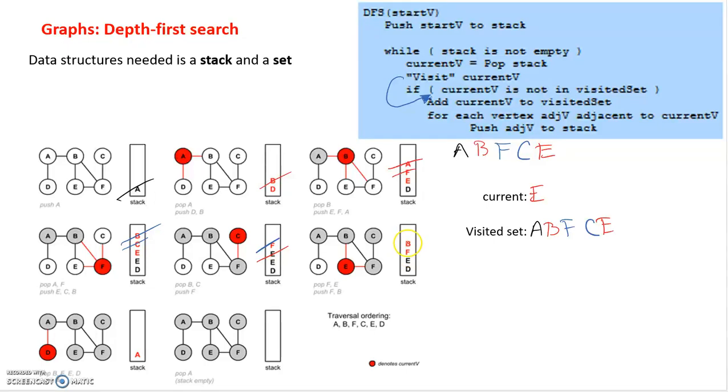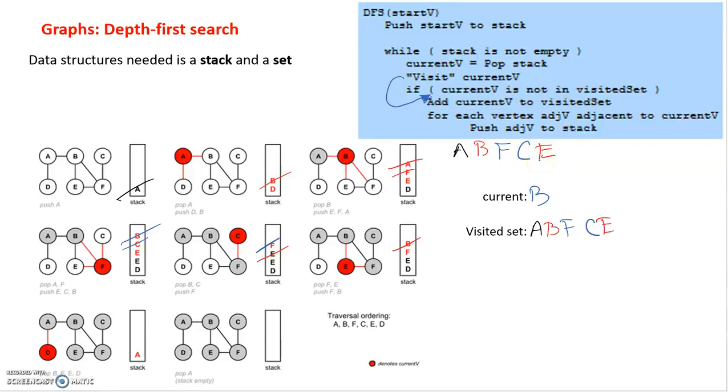They're right there. Go back to the top of the stack, pop the stack. B is out. B is the current vertex right now. There's B. B is already in the visited set. If current V is not in the visited set, but B is already in the visited set, the conditional statement and the for loop will not execute.